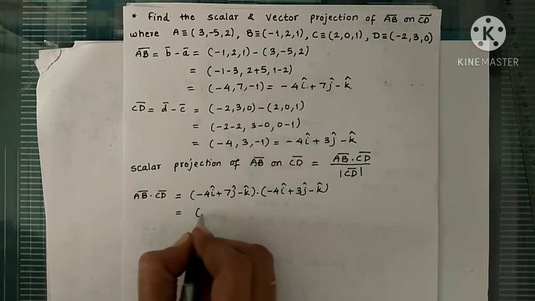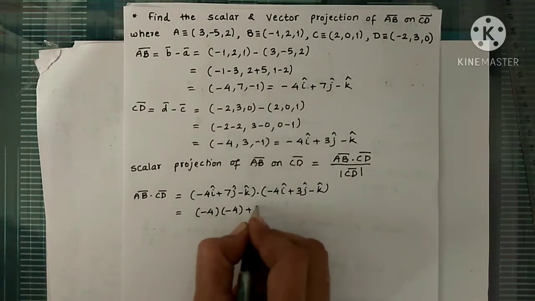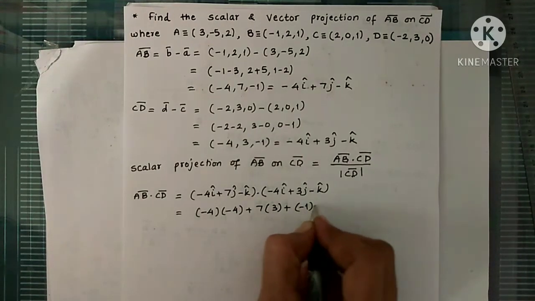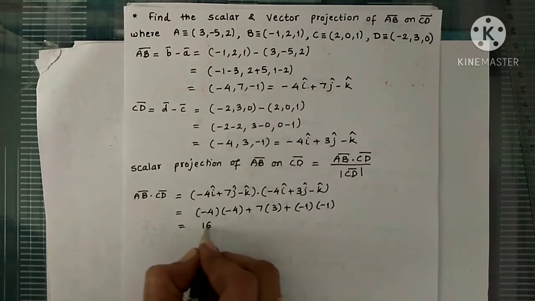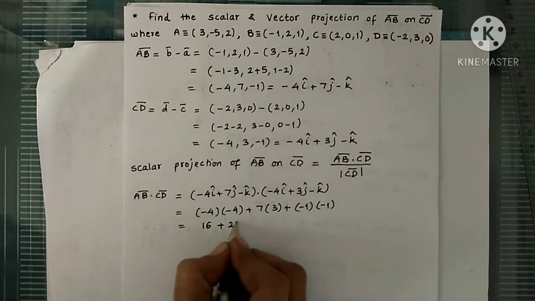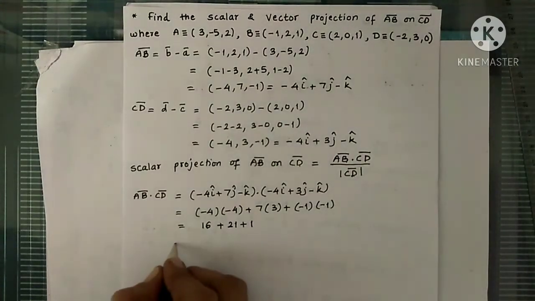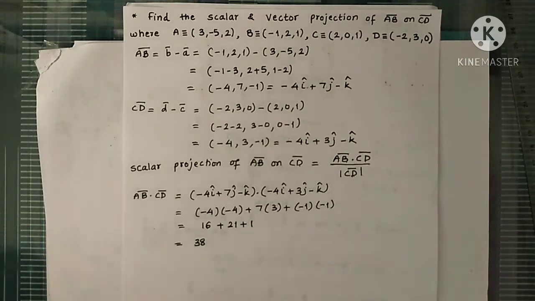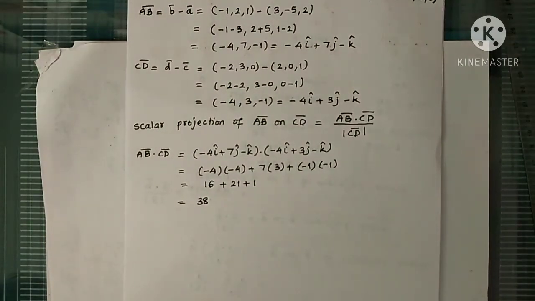So it is minus 4 into minus 4 plus 7 into 3 plus minus 1 into minus 1. So 16, 7 into 3 is 21 and this is 1. So 16 plus 22 is 38. So we have AB bar dot CD bar as 38.